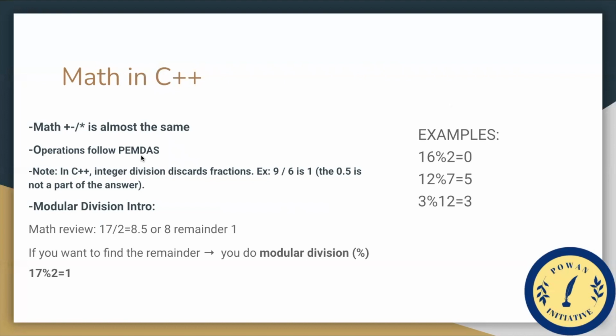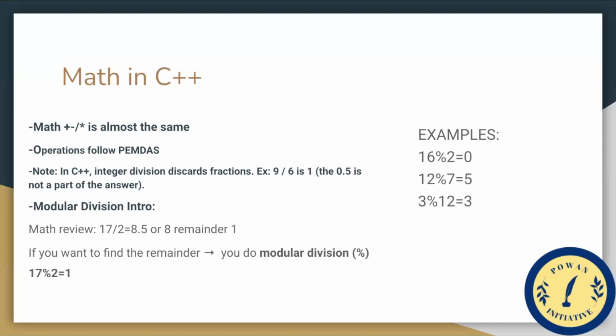And in C++, there is one thing to note, though, where if you try to do division with ints, remember ints are just numbers without any decimal places. So like these numbers right here. If you try to do something like 9 divided by 6, in math, you'd have 1.5.